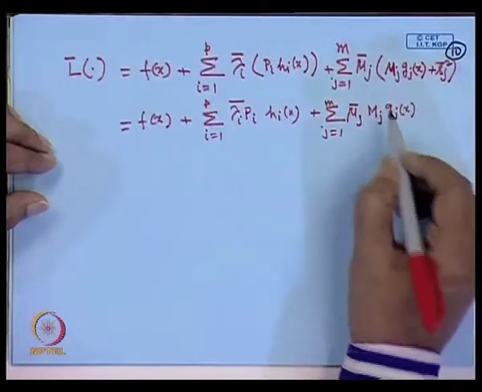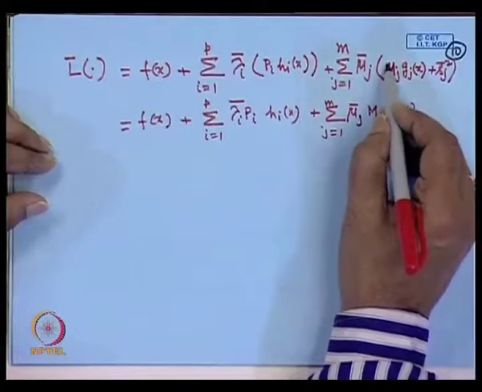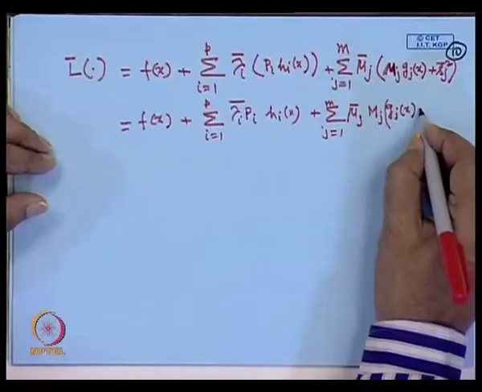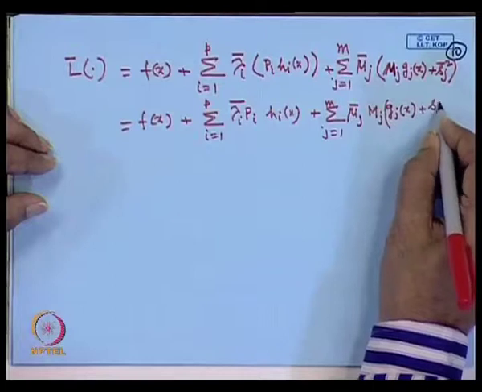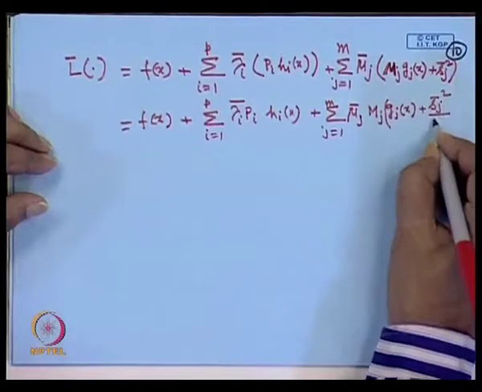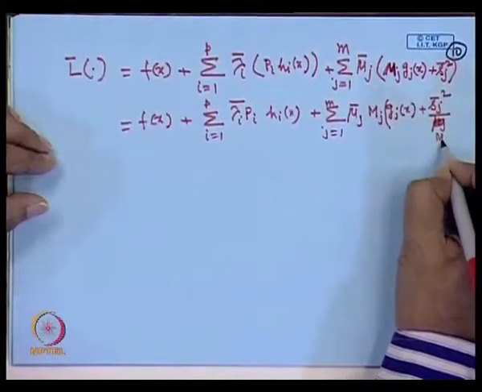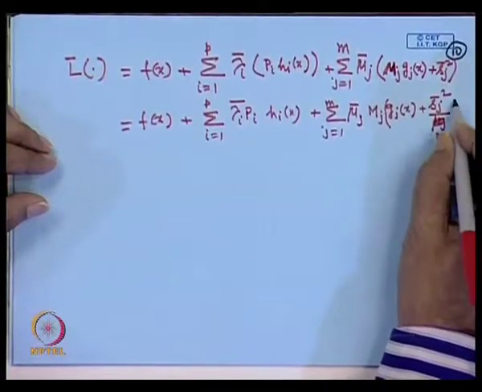Or if I take m_j common, this plus s_j bar square mu_j. Sorry, this is not mu_j, it is m_j, agree.